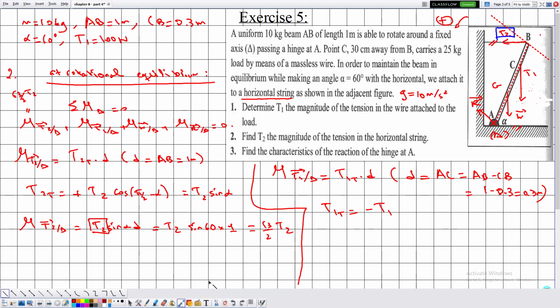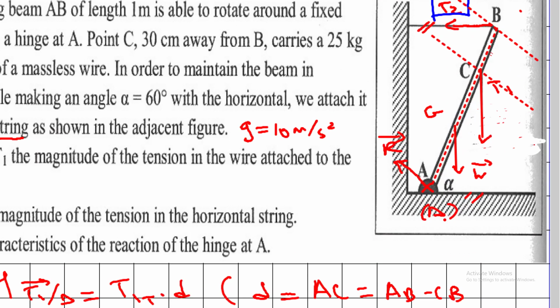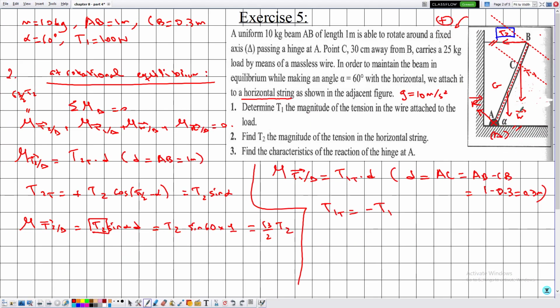So this is the tangential direction, like this. If this is alpha, then this is pi by 2 minus alpha, then this is alpha. Now T1 cosine alpha is the projection of T1 along the tangential direction.